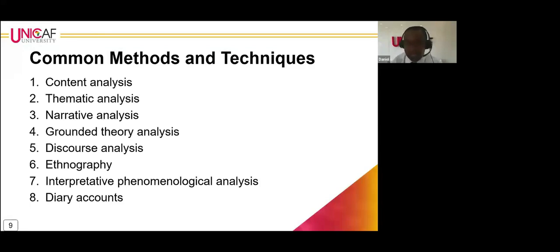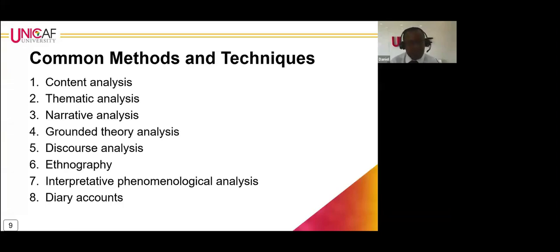As your data emerges, you coin a theory. So you will notice that key to grounded theory analysis is the formulation of a single theory from a single data case. That is about the grounded theory. So you don't begin with any theoretical framework. You find that the theory is generated from the data.